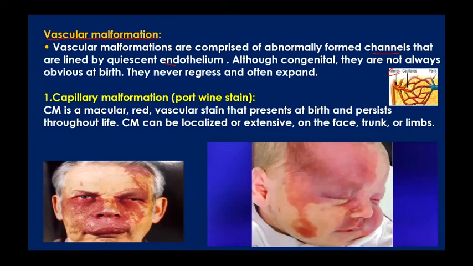If there is a communication between venous and arterial, it leads to vascular malformation. It is usually not obvious at birth. They never regress and often expand.